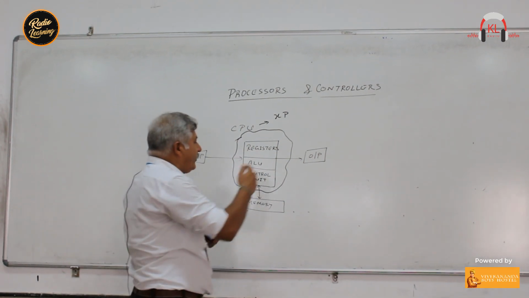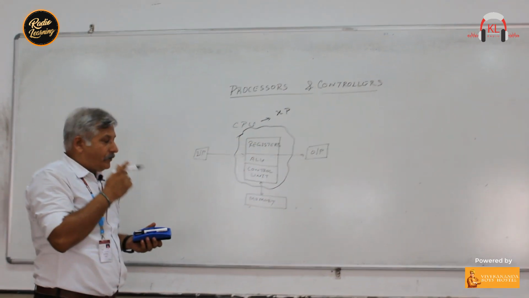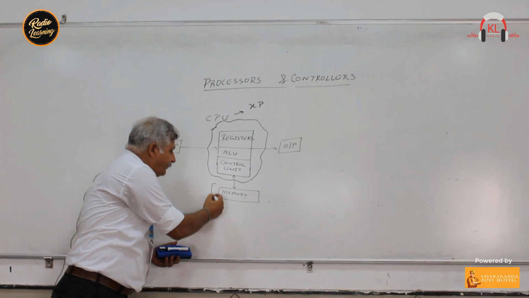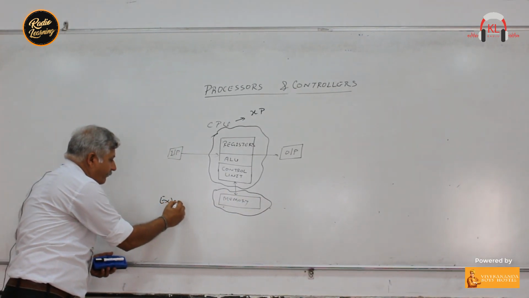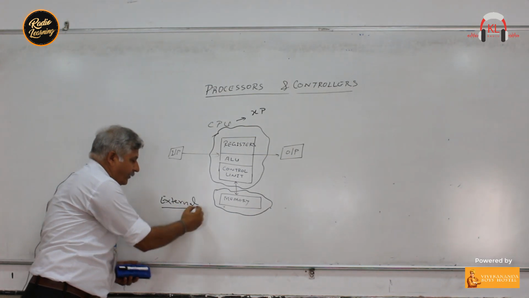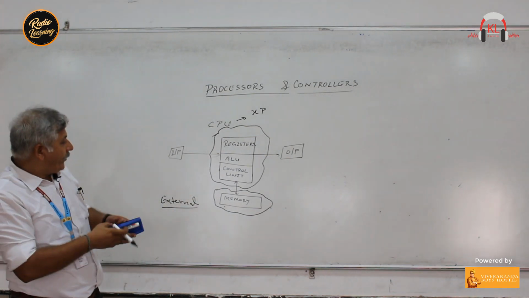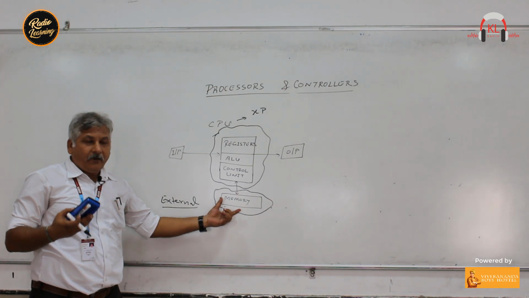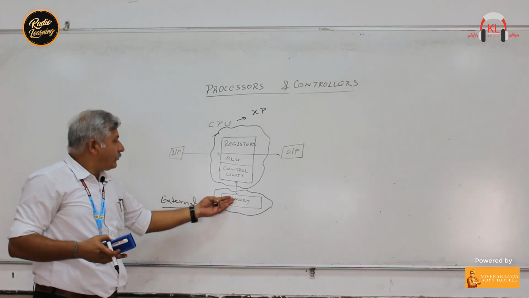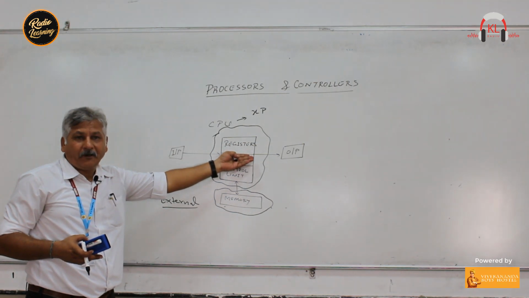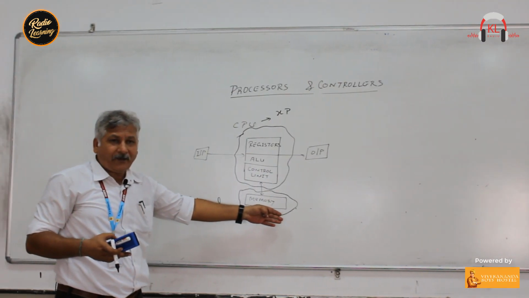So basically, when we use a processor, in that case the memory is external, right? We have to store our program in memory, but that memory is not a part of the central processing unit. It is external, you have to connect it externally.